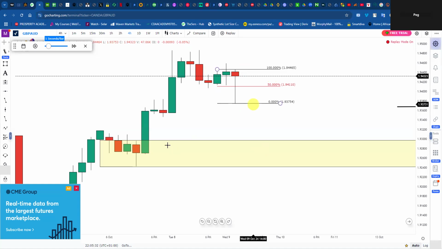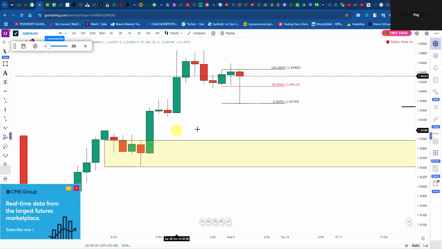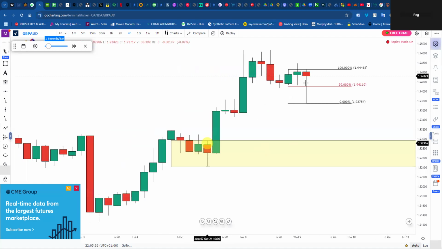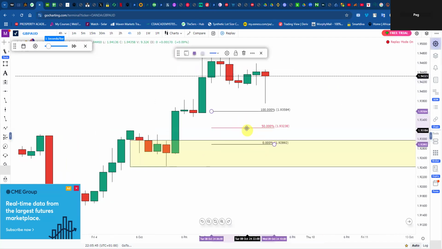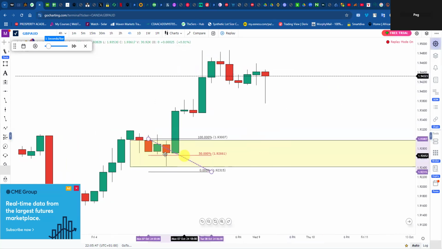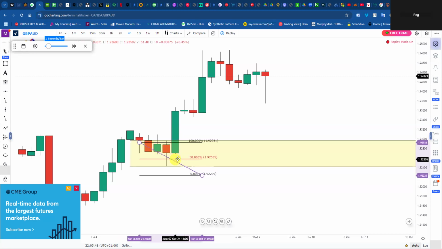Let's look at this one. I'll bring the fib there now. Let's see how bullish or bearish it is.